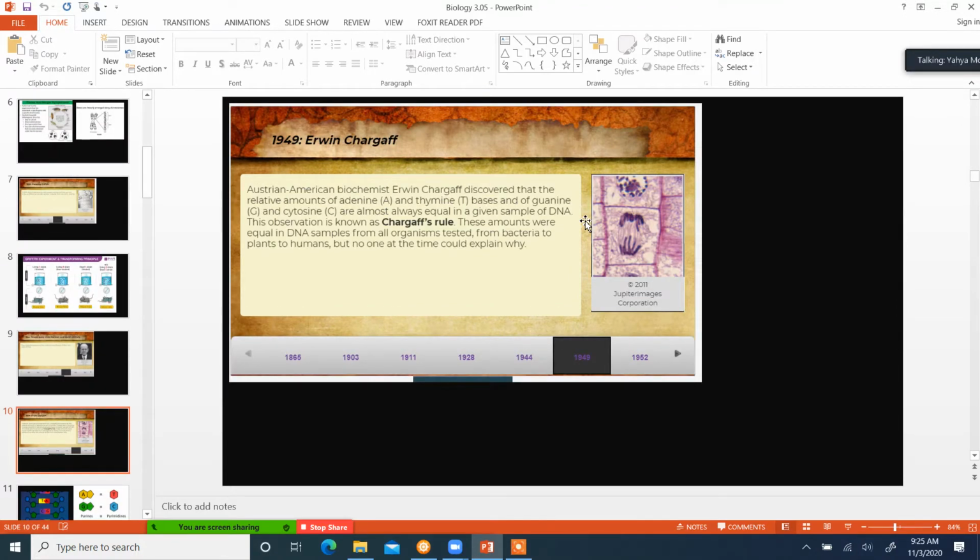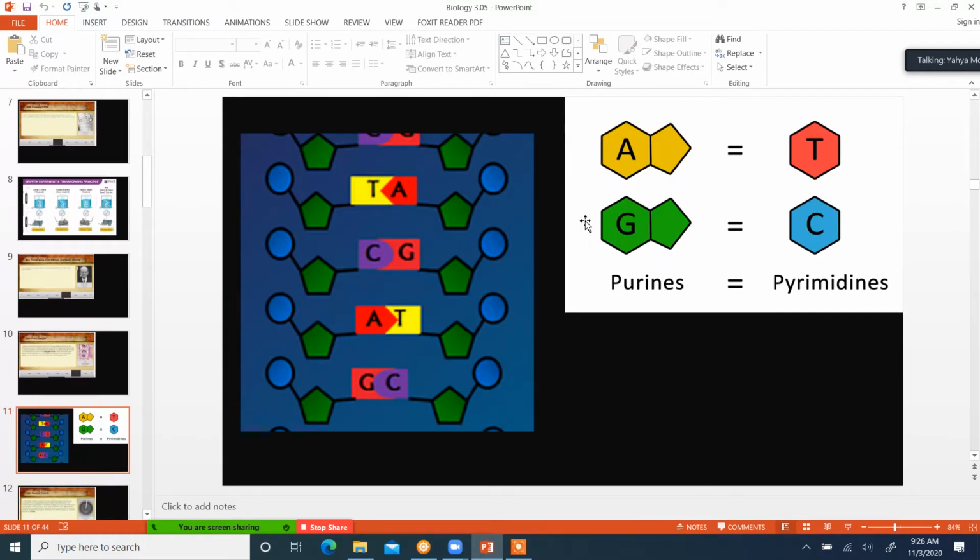All right, so let's look at this one. This is called Chargaff's rules. So we looked at the different base pairs, right? Remember, there are 4 different bases in the DNA: adenine, guanine, thymine, and cytosine. A and G are a little bit bigger in size, a hexagon and a pentagon attached.